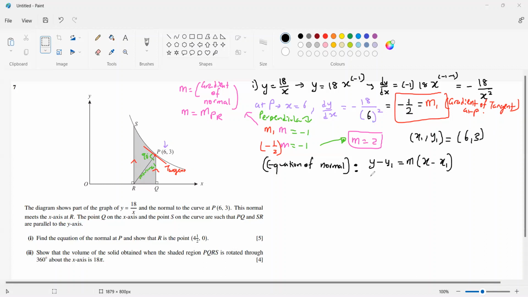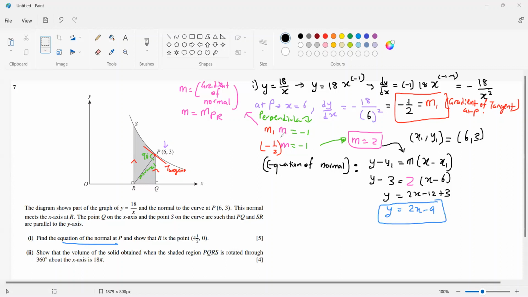So y minus 3 equals m, which is 2, times (x minus 6). Then y equals 2x minus 12 plus 3. Finally, we get the equation of the normal: y equals 2x minus 9.